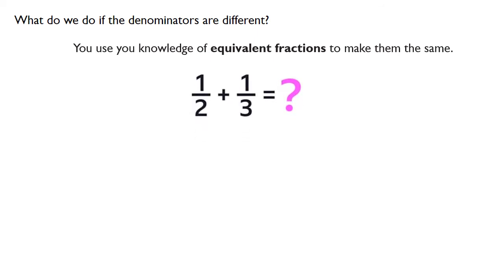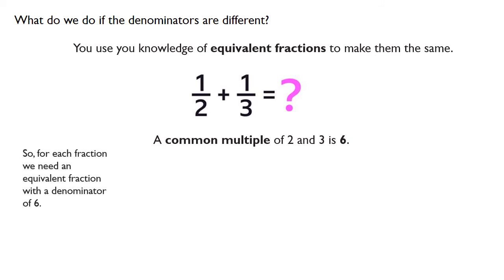So we have 1/2 plus 1/3. So the denominators are different here, but we know that a common multiple of 2 and 3 is 6. So for each fraction, we need an equivalent fraction with a denominator of 6.